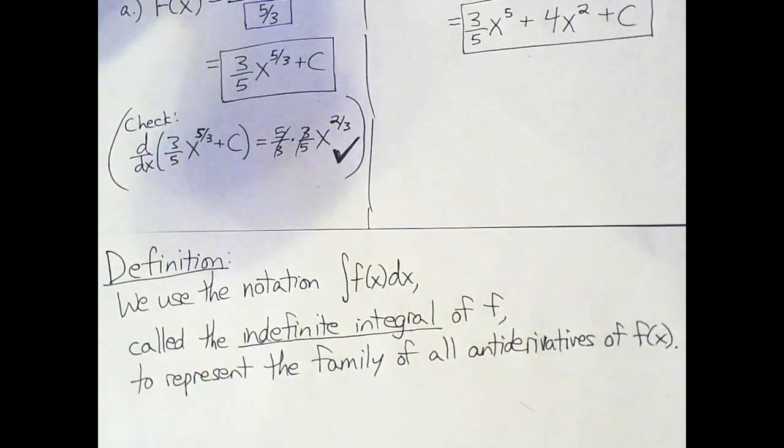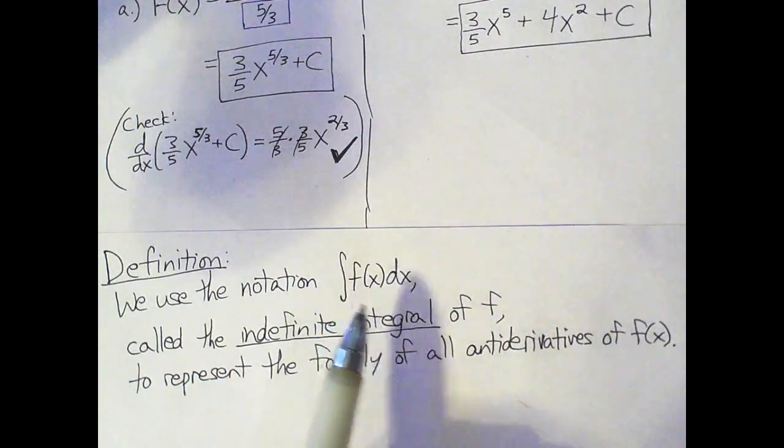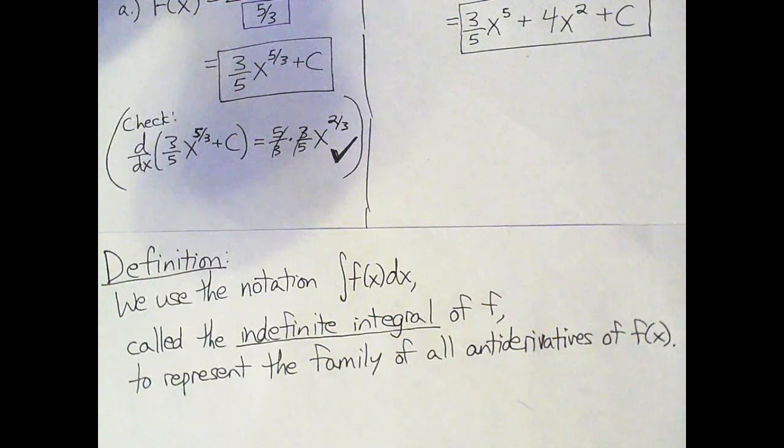This is the sort of abbreviation that I've been talking about when we've been saying find the most general antiderivative of. We can now write it with this symbol. We can write it with this notation because it's the family of all antiderivatives.